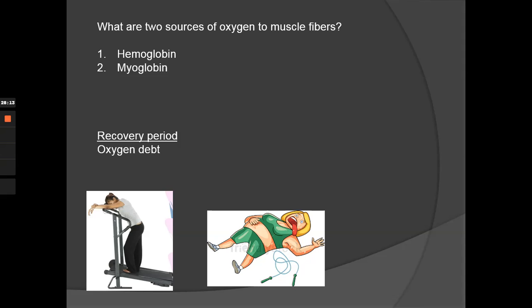So maybe you haven't exercised for a while, but now you're going to get back in the groove of it. And the first week or so of exercising, man, the recovery period's lasting a long time. But if you keep doing it, guess what? You may or may not even have a recovery period, or you don't notice it as much, I should say. So your body gets really good and efficient at that.